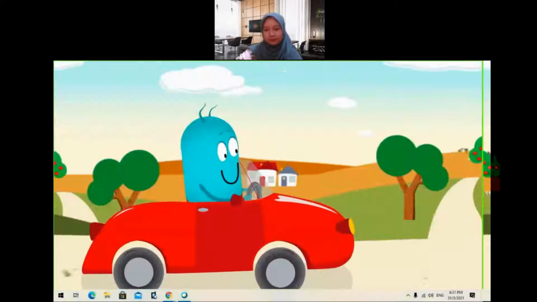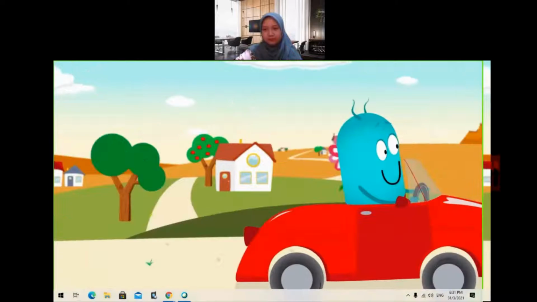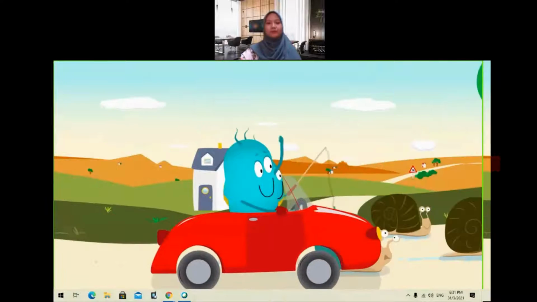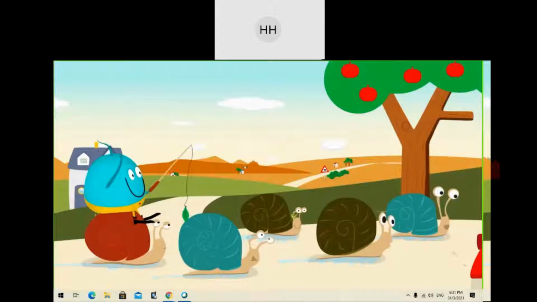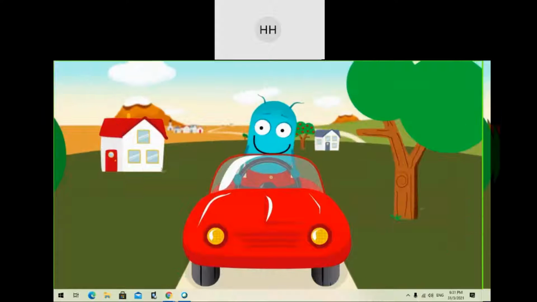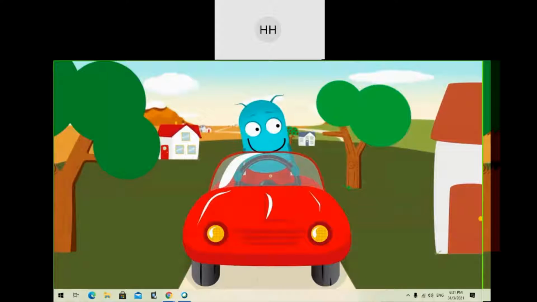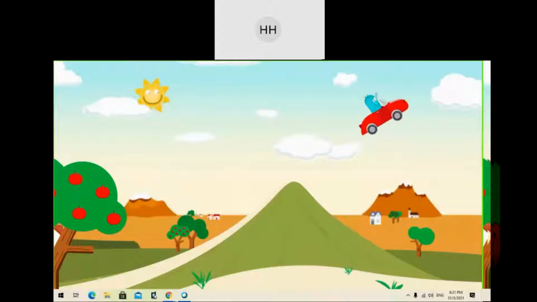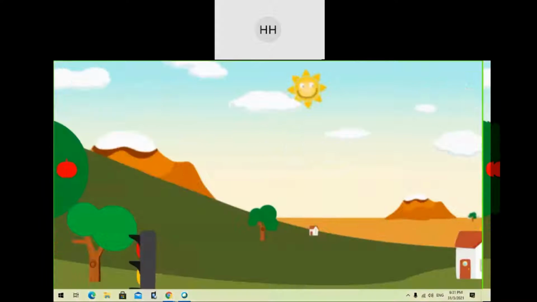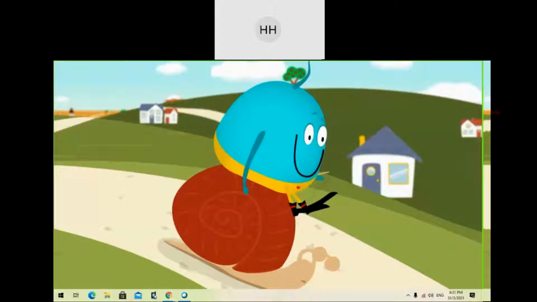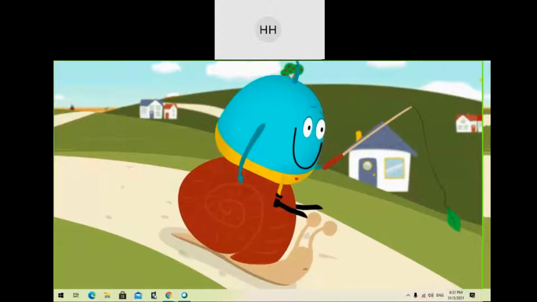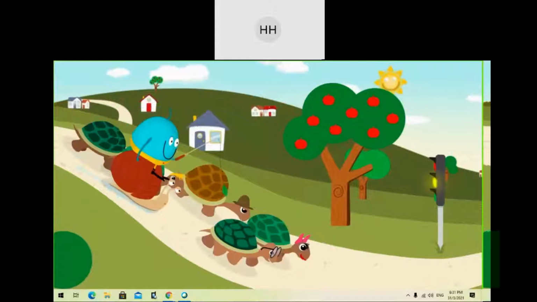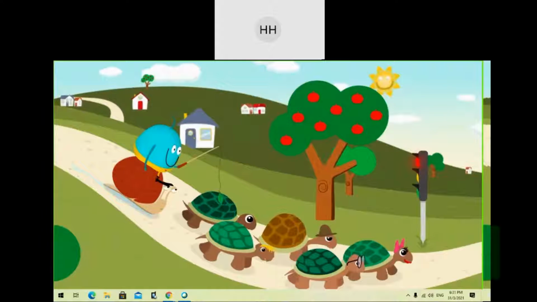I go fast, fast, fast, so I'll never be the last. I'm driving in my car, I'm driving, and nothing is too far. No! I go slow ho ho, so I'm always last in row.